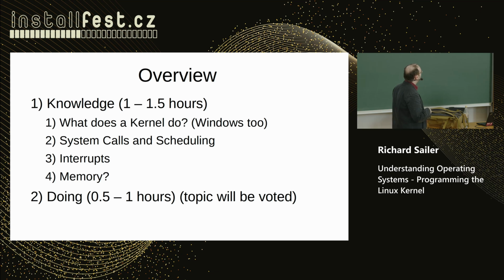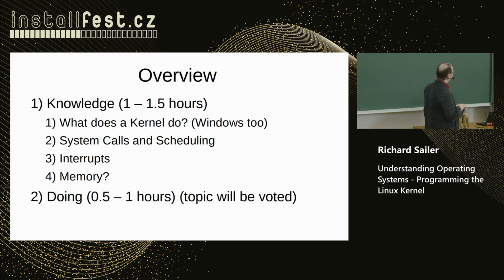Now an overview of the talk. We have the knowledge part I told you about, and we have a doing part. The knowledge part will be longer, and in the doing part you can also vote on what I will do, and you can watch me doing stuff and explaining stuff. It starts very generic, for all operating systems, Windows and Apple too, and gets more and more Linux specific over time.